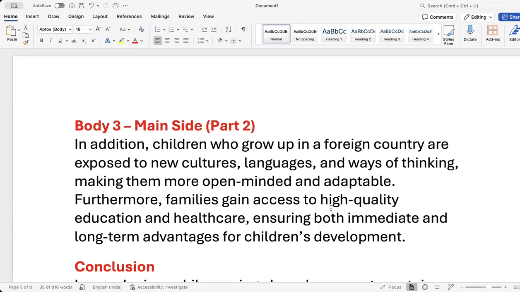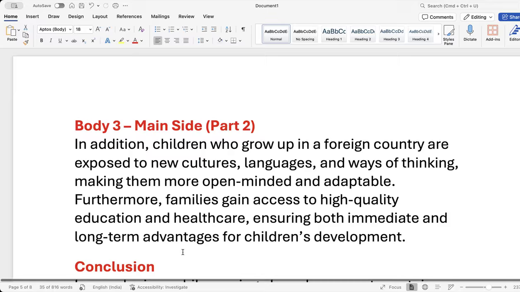That becomes higher quality in foreign countries. You might get better healthcare, better vaccinations. Everything is better in that sense, and also better high quality education. Definitely, I noticed a difference when I went abroad to study. There is definitely a difference in the quality of education in developed countries and developing countries. So that can be there.